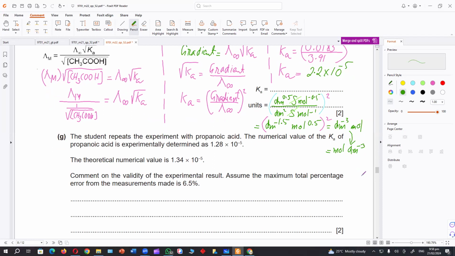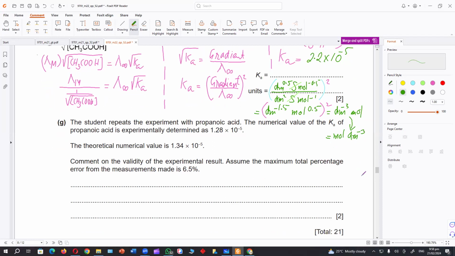Now, the student repeats the experiment with propanoic acid. The numerical value of the Ka of propanoic acid is experimentally determined as 1.28 into 10 power minus 5. The theoretical numerical value is this.